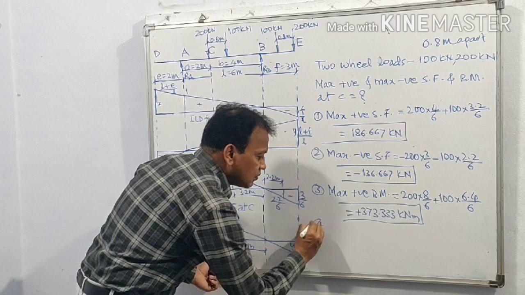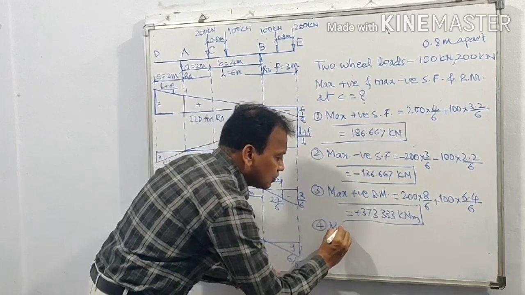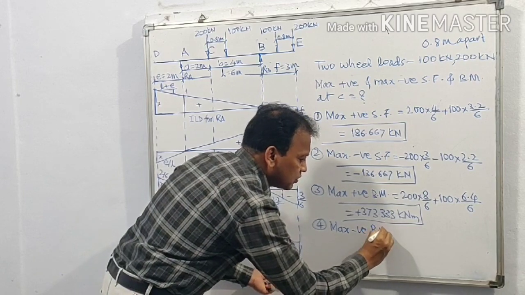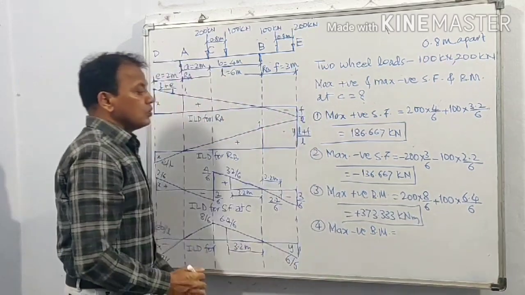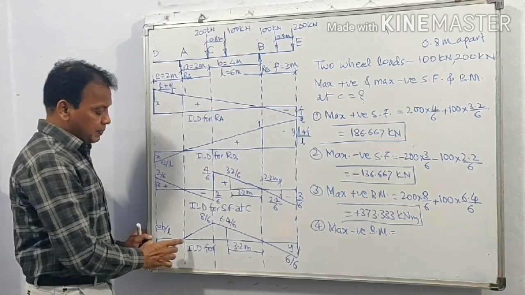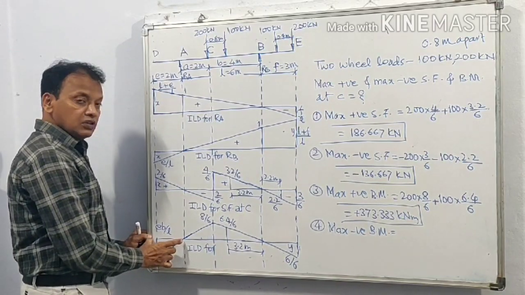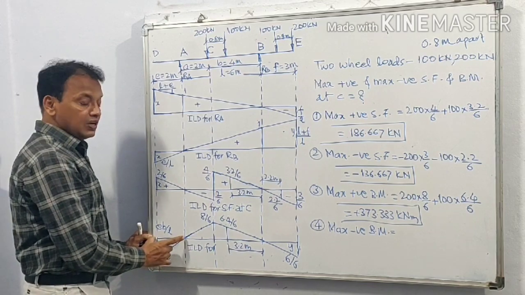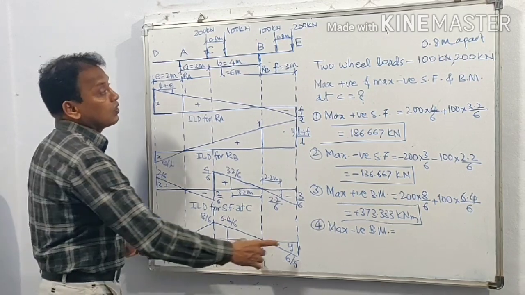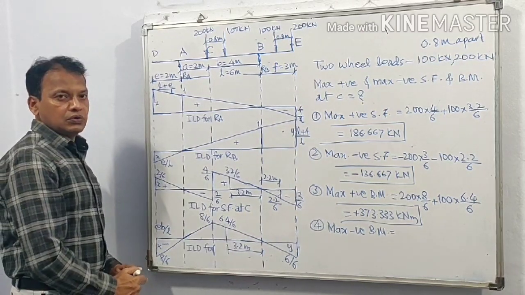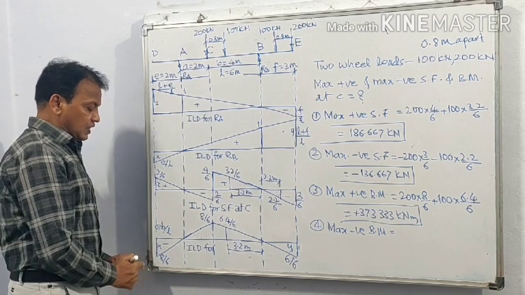Next is maximum negative bending moment. For maximum negative bending moment, you can see the influence line diagram for bending moment at C. When load is applied over length DA or over length BE, we will get maximum negative bending moment.